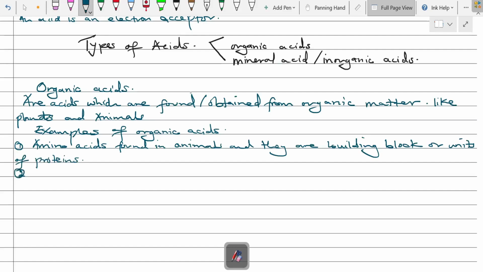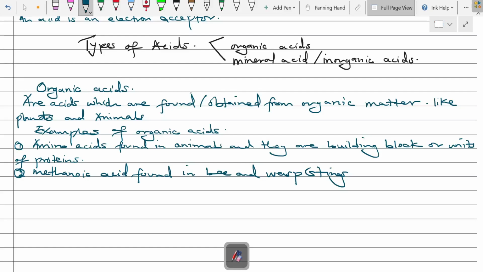We can talk of methanoic acid. This one is majorly found in bee stings, in bee and wasp stings. So if a bee or a wasp stings you, then it is this acid, methanoic acid, which is injected into your body that causes the itching and then the inflammation or the swelling of that infected part.